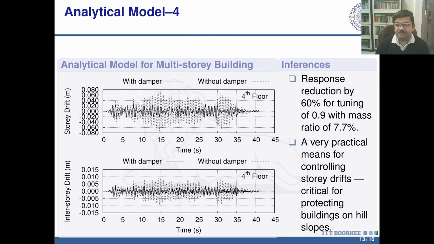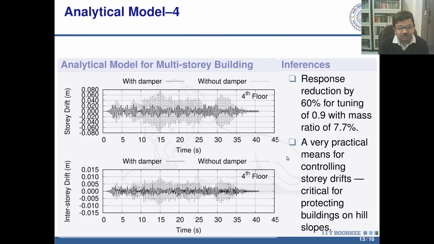withstand capacity. So for this analytical investigation, we found a response reduction of 60% for a tuning ratio of 0.9 and for a mass ratio of 7.7%, the same four masses of 32 kilograms.